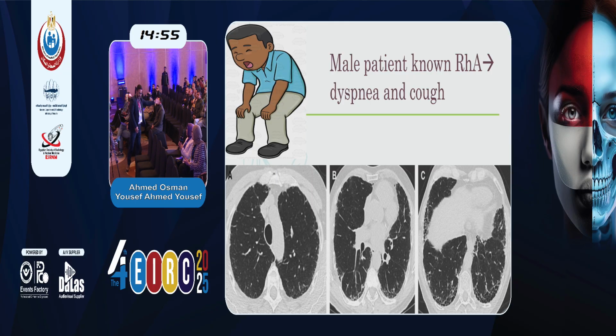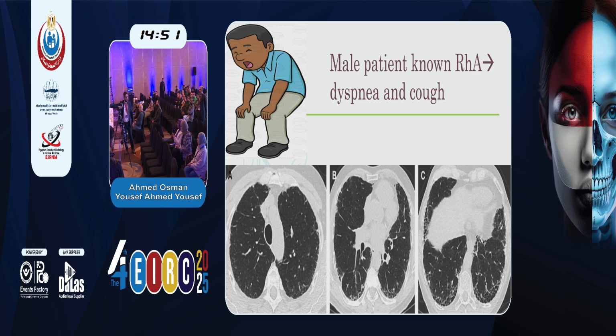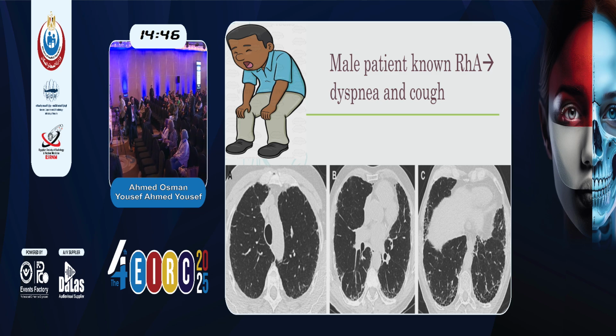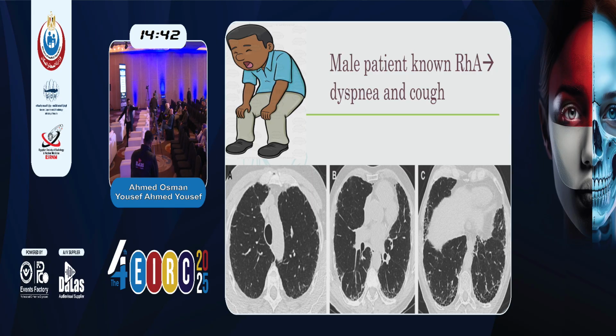So we have an idiopathic type of UIP, and the second most common is rheumatoid arthritis or even connective tissue or collagen disease induced UIP, usual interstitial pneumonia. Okay, with me?